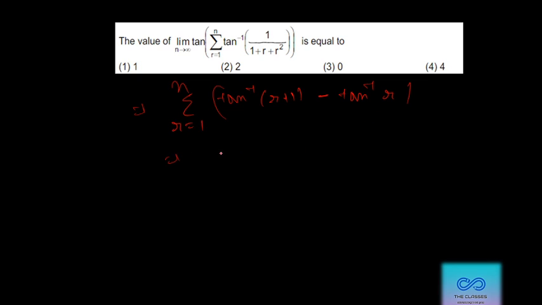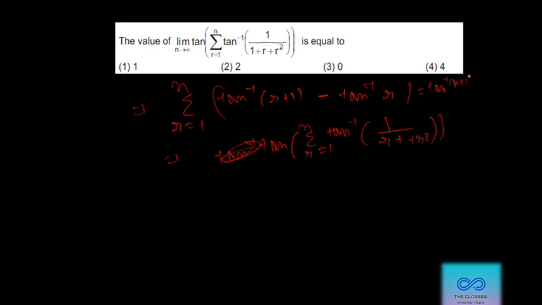So from here we will take tan on both sides. So tan inverse 1 upon r plus r square equals tan inverse (n plus 1) minus tan inverse 1.